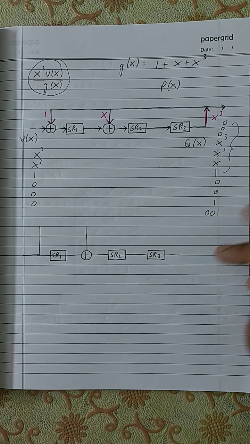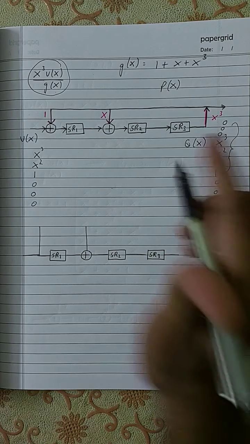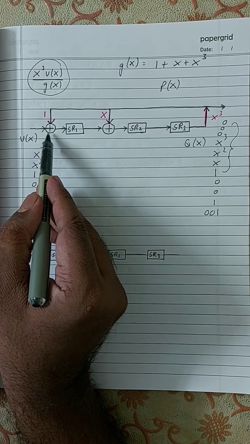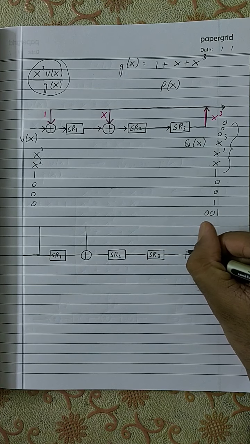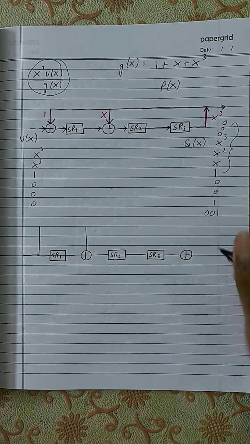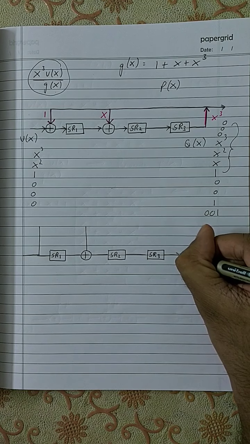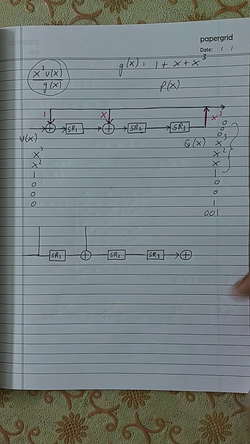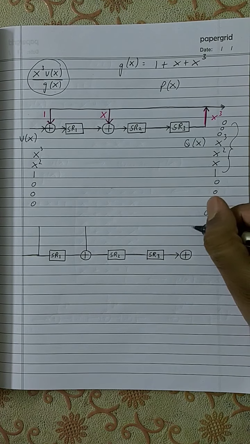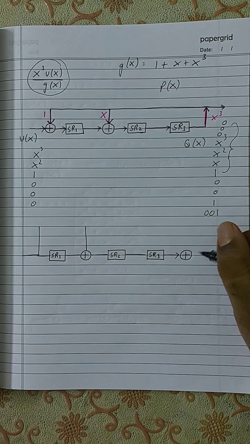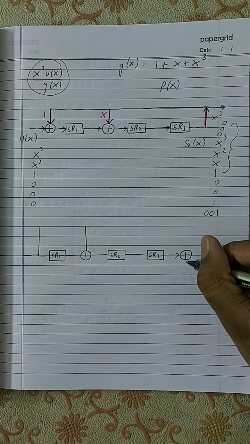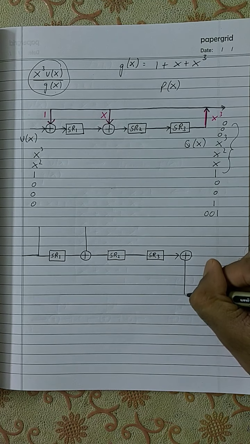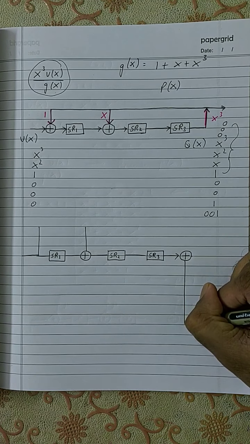And then the XOR function that I didn't draw, I'm going to draw over here. This is how my circuit will look. Then I am going to draw another circuit down here.